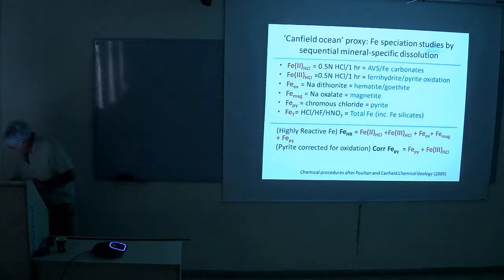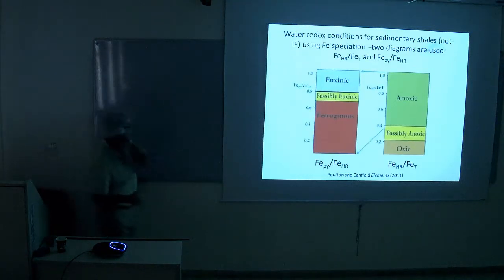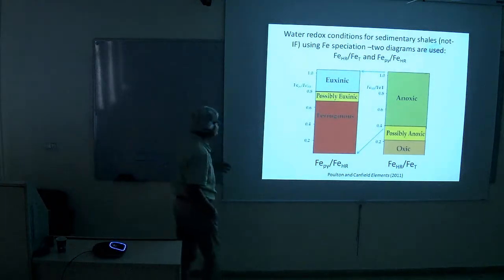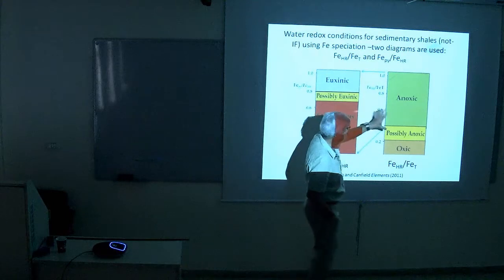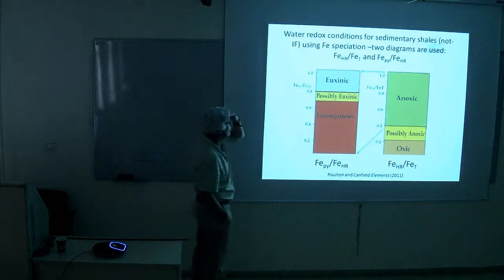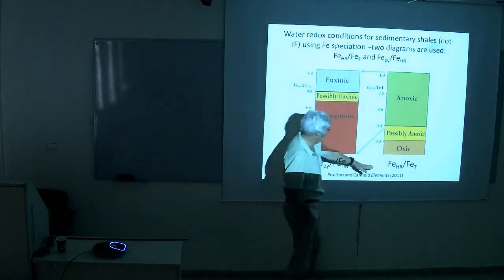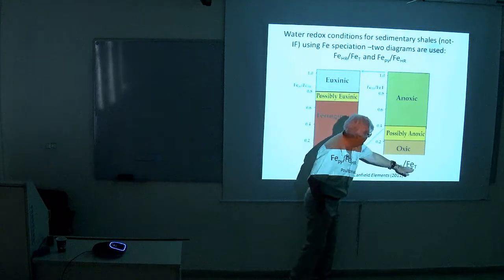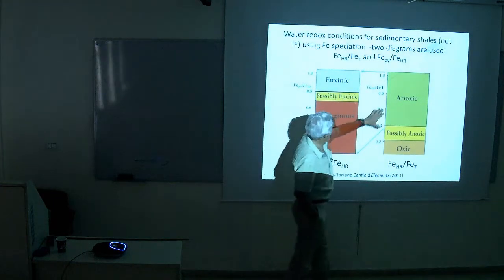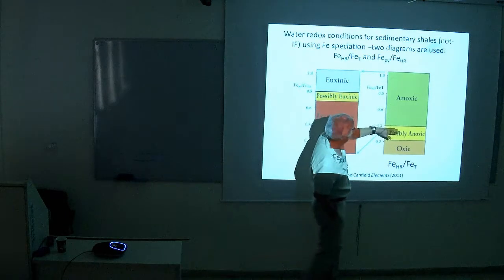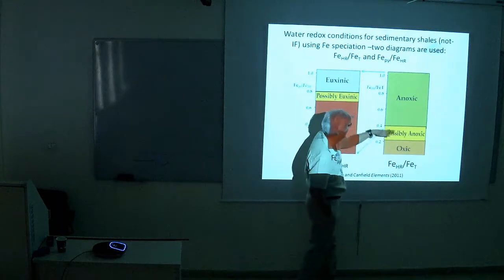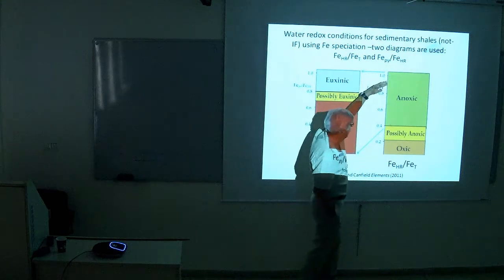These things are combined in two diagrams which Simon Poulton and Donald Canfield developed, which tell us whether waters were anoxic or oxic, or whether they were euxinic or ferruginous. The first diagram is FeHR over FeT, the highly reactive iron over the total iron. Where ratios are above 0.4, the waters are anoxic, they have no oxygen.